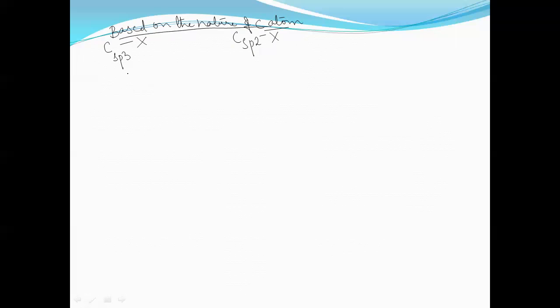If the halogen is attached to an sp3 hybridized carbon atom, then there can again be three classes: alkyl halides, that is, compounds containing an sp3 hybridized carbon atom attached to the halogen. They have a C-sp3-X bond here.